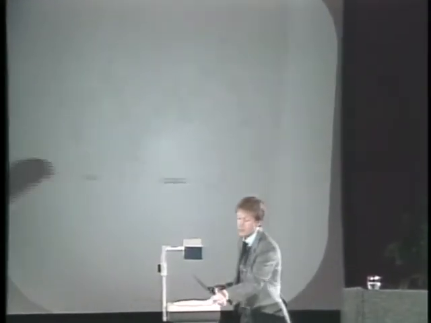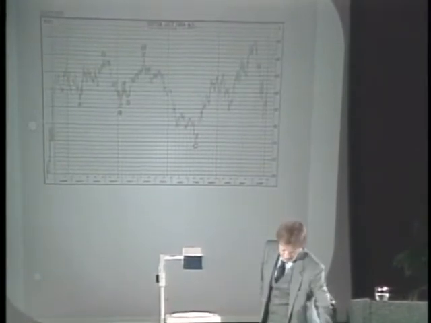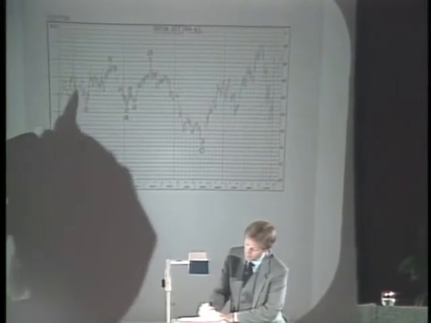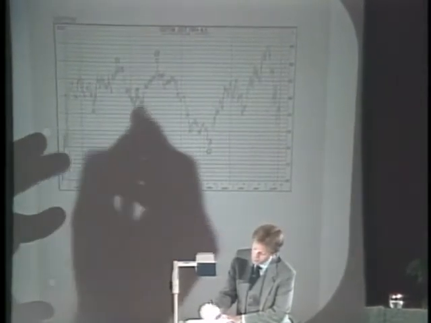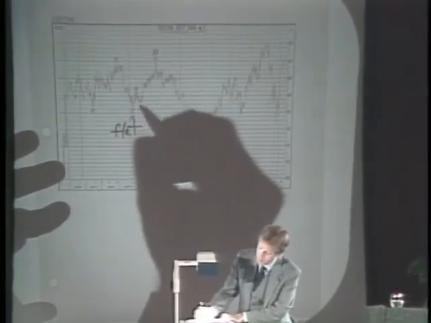This is a chart of July cotton a few years back. Wave A is a 335 and is a flat correction. Wave B is a zigzag.